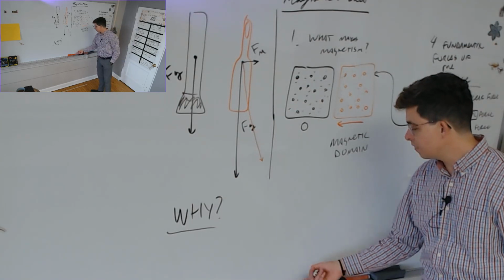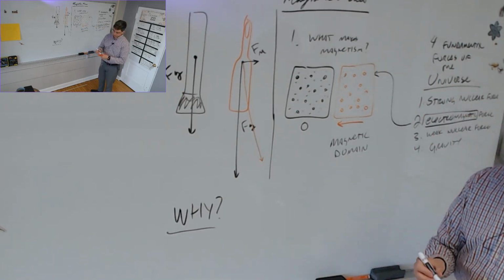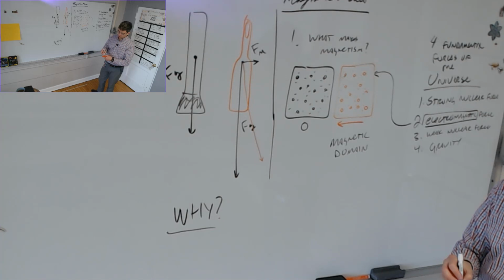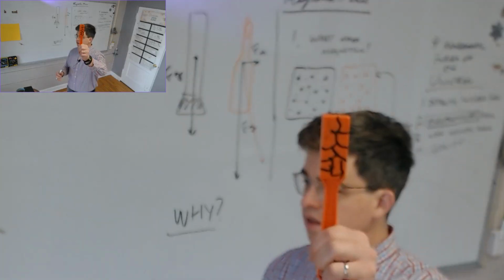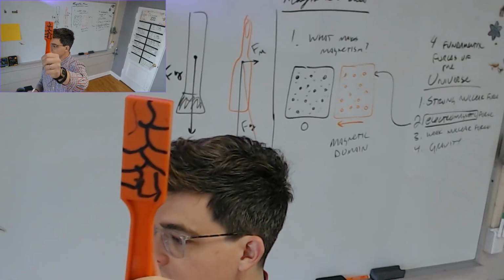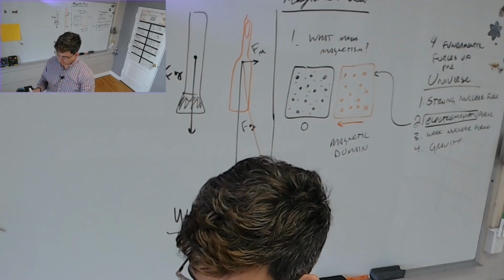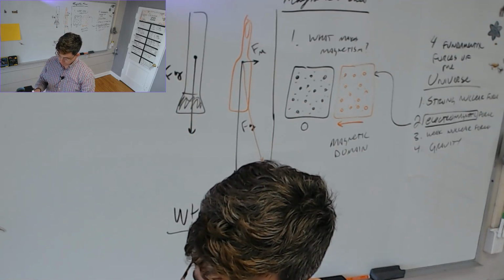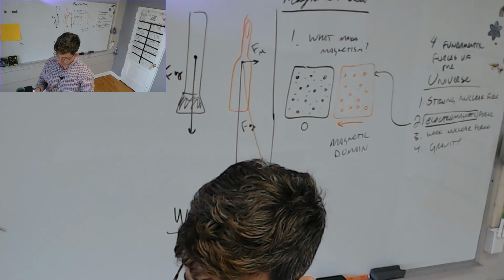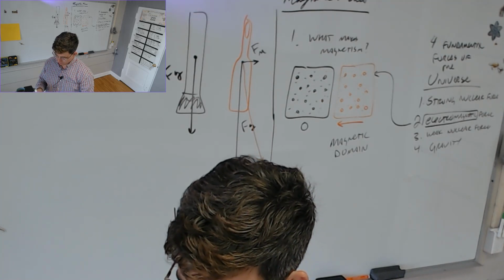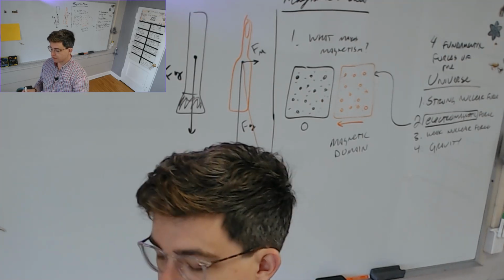So this magnet is made up of, these are going to be very rough, I'm making this up, but we can say this magnet has these different regions, domains, and each one of these has a general magnetic force acting on it.